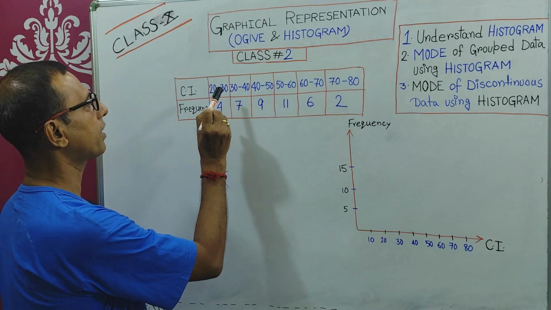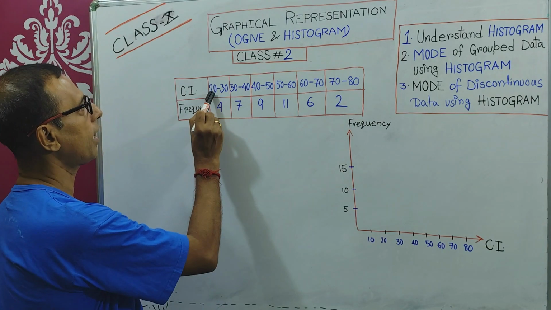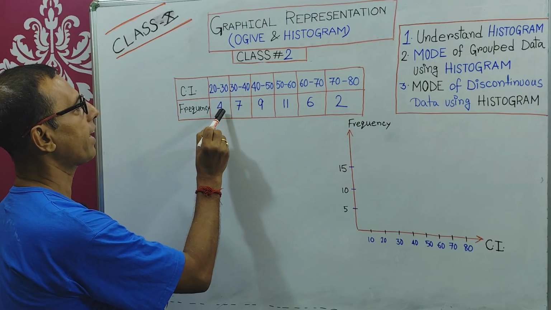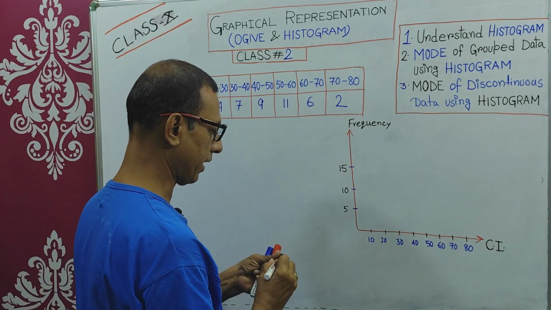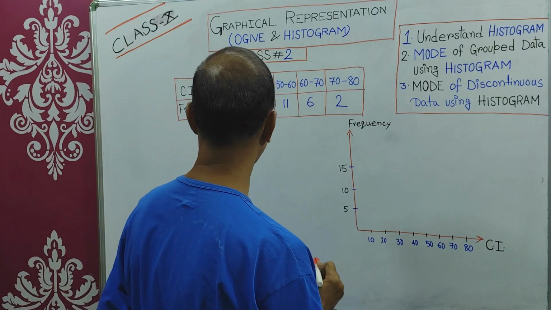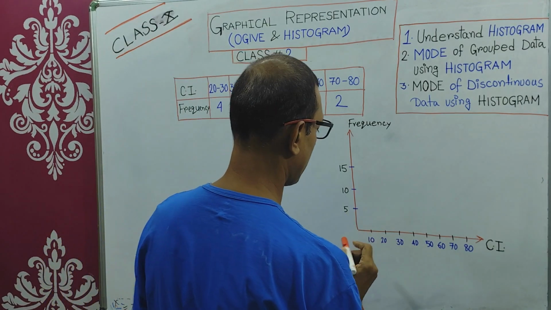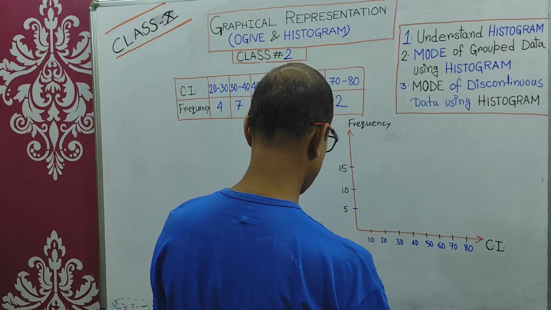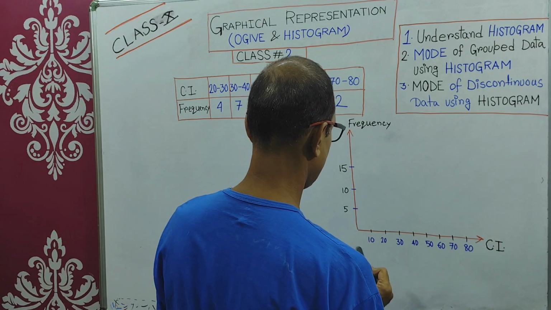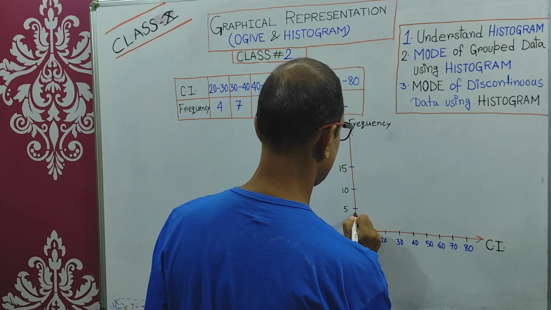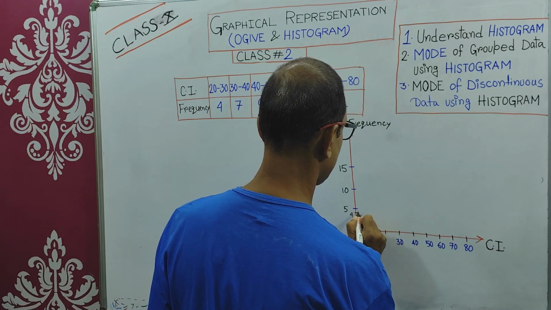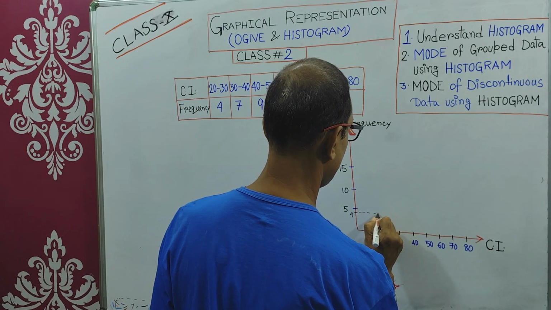The class interval 20 to 30 has the frequency 4. So how will you plot it? 20 has 4 and 30 also has 4. Let's say this is the data point, that is 4.